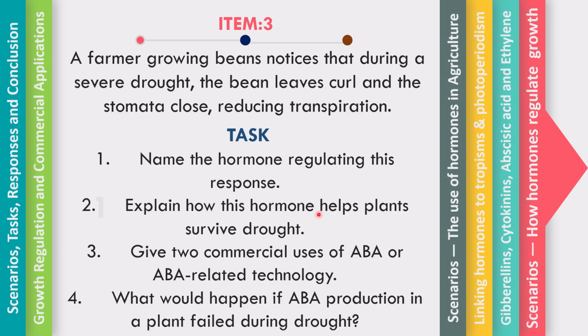Explain how this hormone helps plants survive drought. Give 2 commercial uses of abscisic acid or abscisic acid-related technology. What would happen if abscisic acid production in a plant failed during drought?